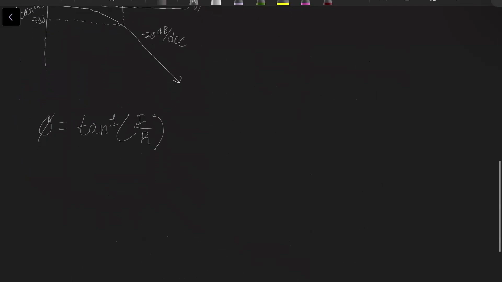And the important part to remember with the phase equation is if it's in the numerator, it's going to be positive, and if it's in the denominator, it's going to be negative. But we can apply the same thing. Oh, this should be negative first.